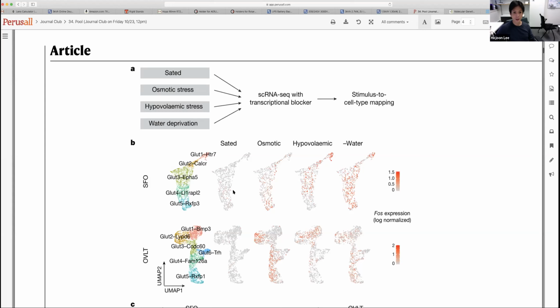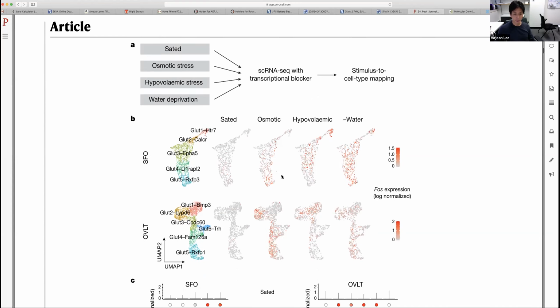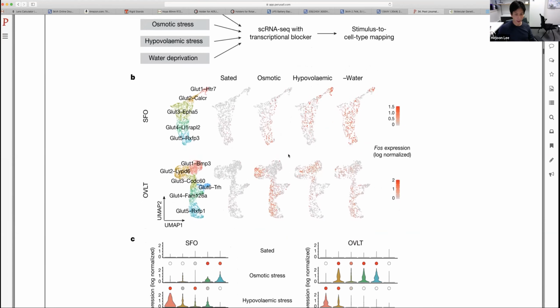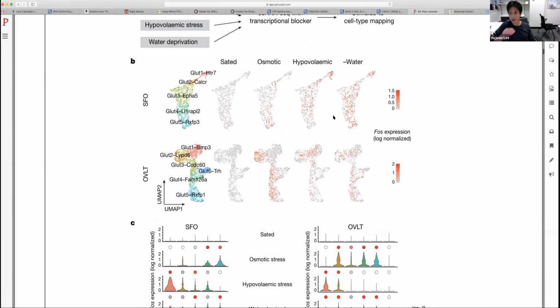Or did they just take sated from figure 2 and make that, or sated from figure 3 and use that as figure 2? But the cell numbers were smaller here. If I recollect correctly, they use fewer cells in this experiment somewhere.